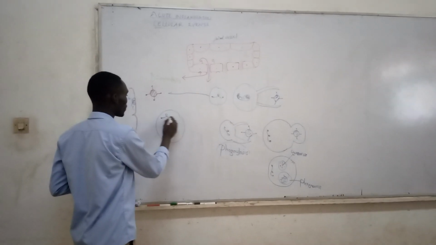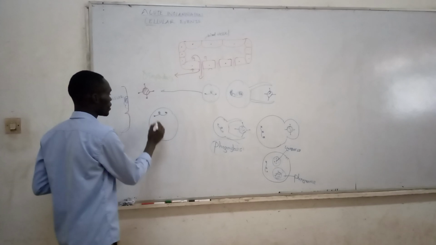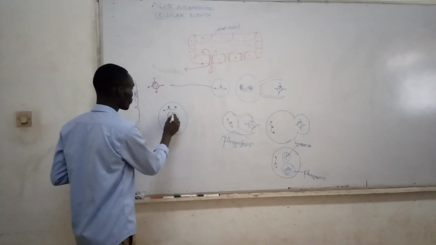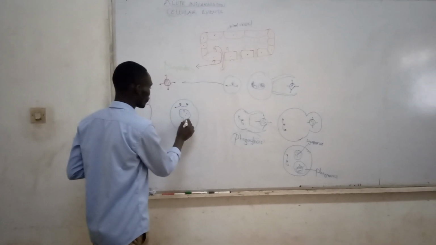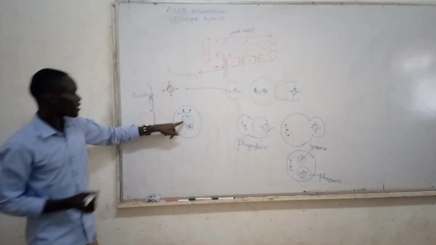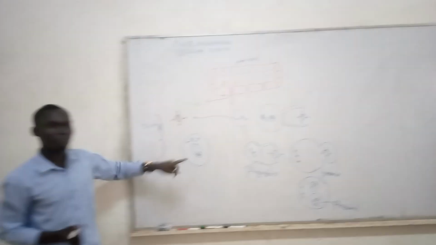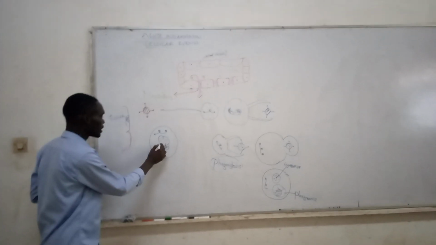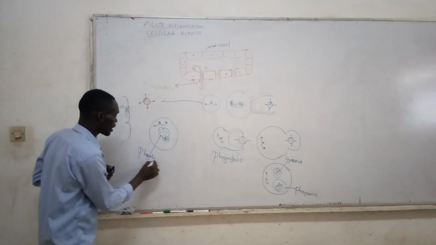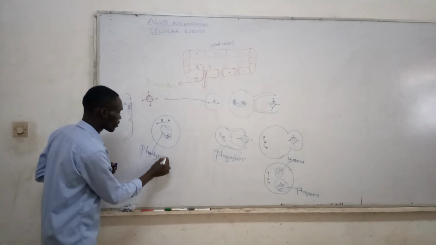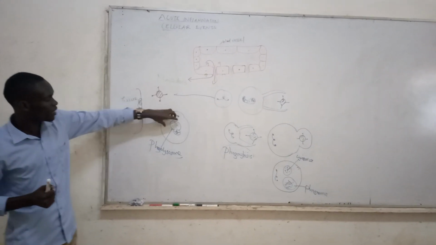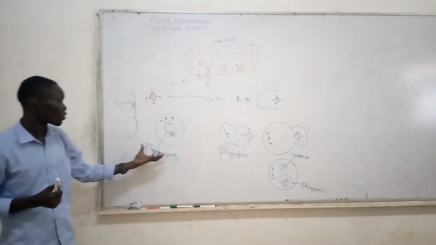So here we have the lysosome fusing with the phagosome. Now, this one is what is called a phagolysosome, where the lysosome is fused with the phagosome.